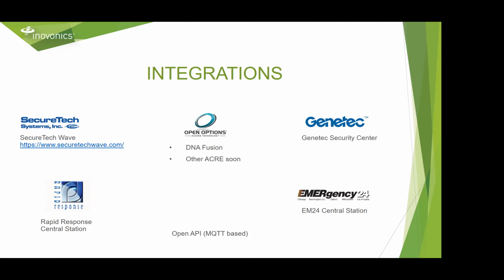And there are other possibilities as well. So hopefully other folks in that category, such as Centurion by Response Tech, that's a good one, will jump on board and create that kind of integration. Central stations right now, it's Rapid Response and Emergency 24.